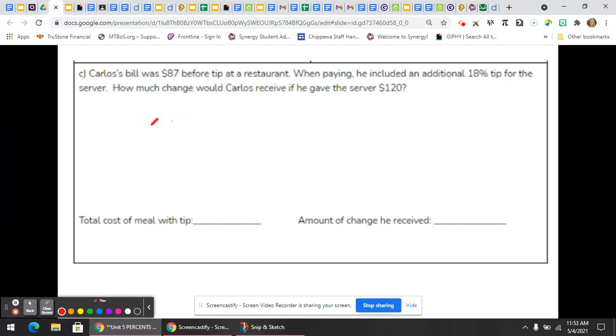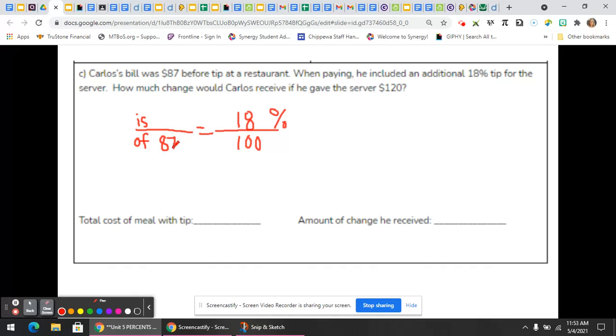So here, I'm going to set up my percent proportion to get this all in order. Percent over 100, my part over my whole. So here, I want to figure out what is 18% out of $87.